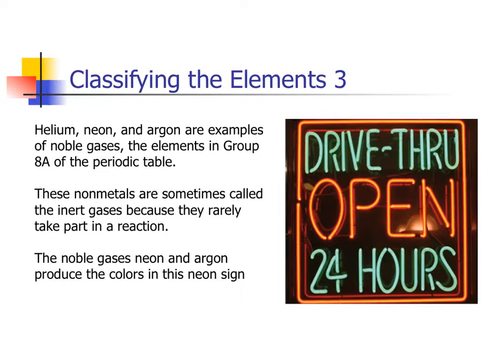Now, group 8, as I mentioned in the previous slide, helium, neon, and argon are wonderful examples of the noble gases, and they're called noble gases or inert gases because they don't interact or react with other metals and nonmetals under normal conditions.